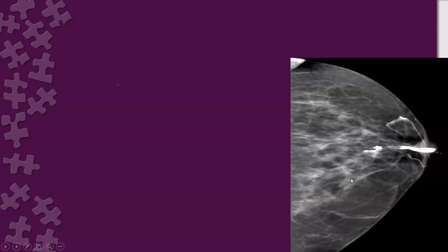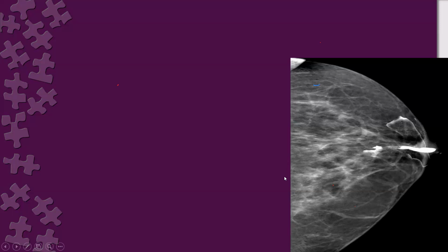And can you tell me what this image indicates? What can you see here in this image? What does it represent? Ductography.